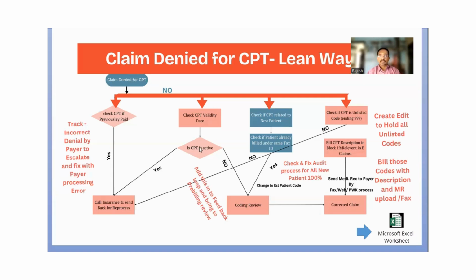In the same way, if it is an inactive code, I will not bill it, the claim will not go out. I'm not adding any invalid or inactive non-value-added work; I'll straight away add value here. The same thing here: I'll add the description so that I'm adding value to my claim. This is the lean method of handling this particular denial.